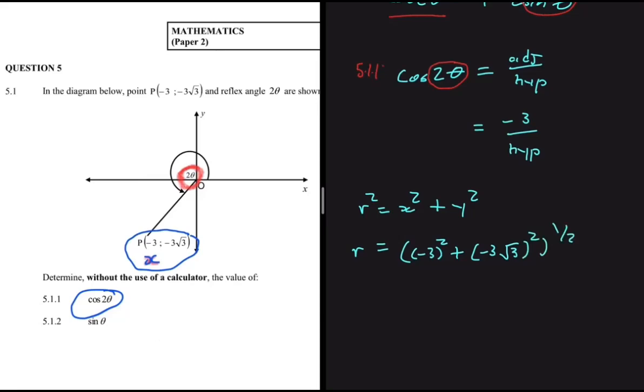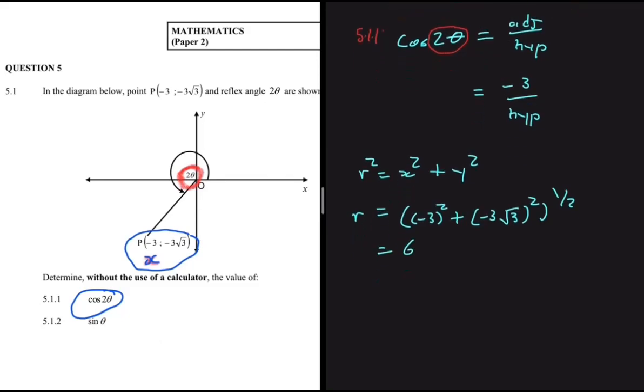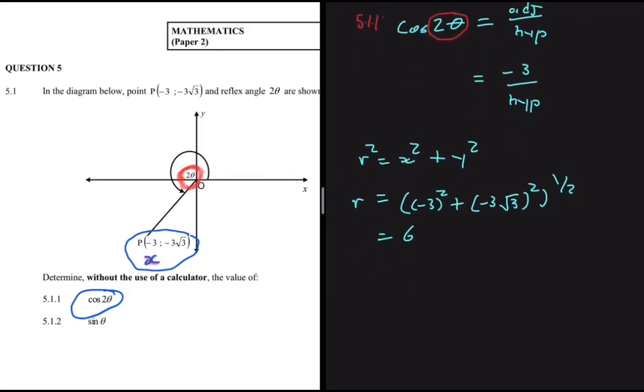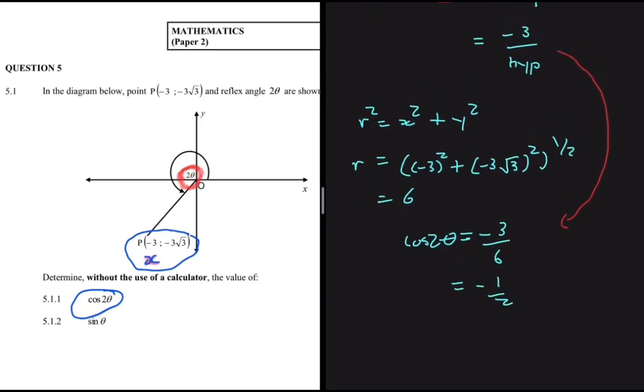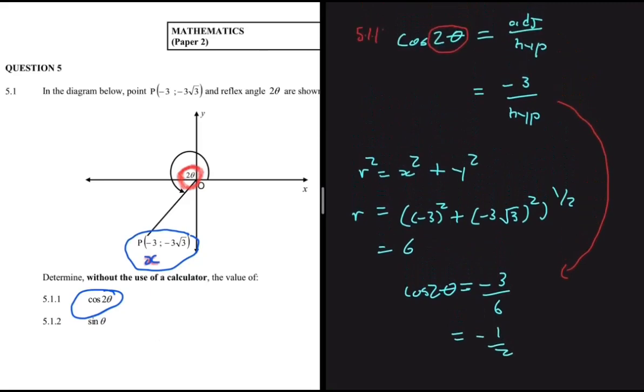We're taking the square root on both sides, and if you put that in your calculator, you should get r being equal to 6. So right now we're just saying that cos of 2 theta is equal to minus 3 divided by 6, and then that should be equal to minus 1 divided by 2. And as simple as that, we have solved our problem.